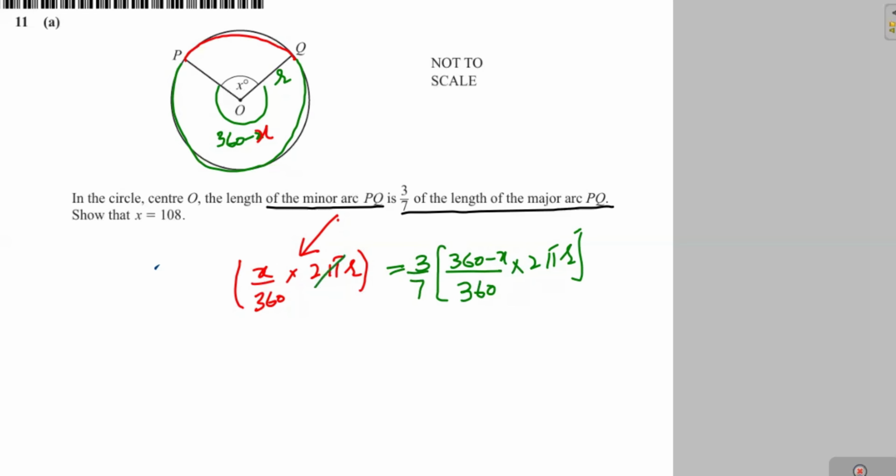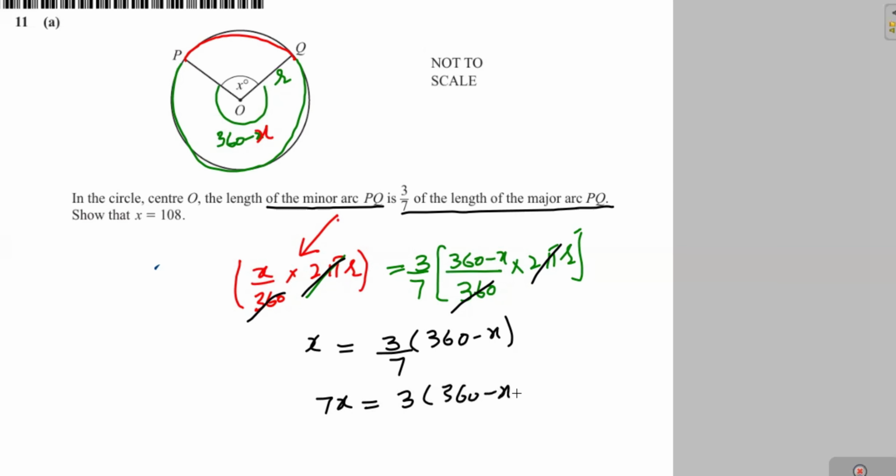Now look here, 2 pi r will be cancelled to 2 pi r. 360 will be cancelled to 360. Now we get x equal to 3 over 7 into 360 minus x. Then 7 will be shifted from right to left side. It becomes 7x equal to 3 into 360 minus x.